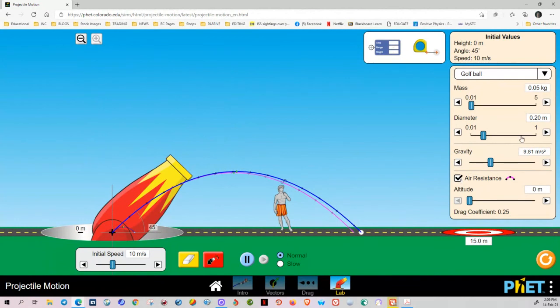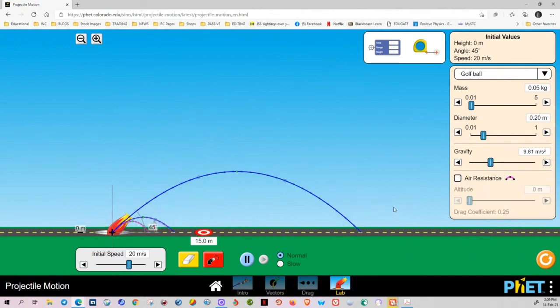With air resistance, increase the diameter. That means the ball is bigger, but the mass remains the same. There you go. Because air will apply more friction to the ball, the distance that it will travel will be less. Even if you increase the initial speed, let's go 20. Without air resistance, whoa, it's too far, right?